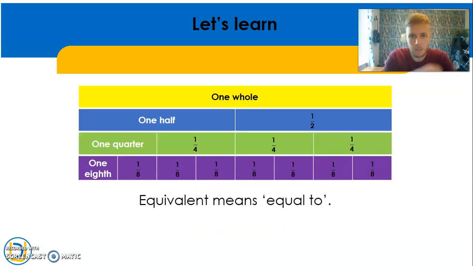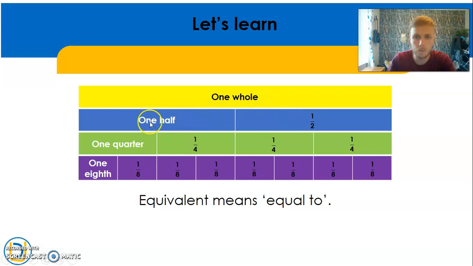So let's learn now. This is quite common to look at in school, and also when you're learning about fractions, this is what we call our fraction wall. And what this does is it shows us the different sizes of fractions, but also it shows us which fractions are the same size as each other. So the top bar here, in yellow, this is our 1/2. The blue bar is also 1/2, but this one has been split into 1/2 and 1/2.